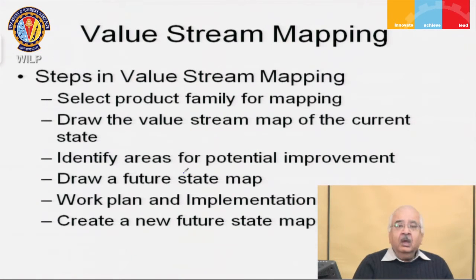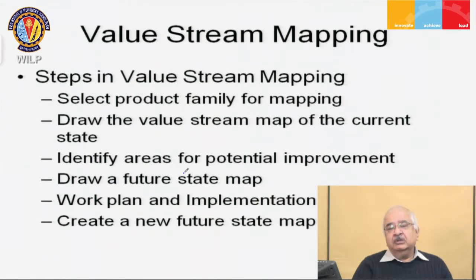So what are the steps in a value stream mapping exercise? Number one, you need to select a product family for mapping. So you need to have a product family that shares a certain number of equipment which you will use for the purposes of depicting in your value stream map.